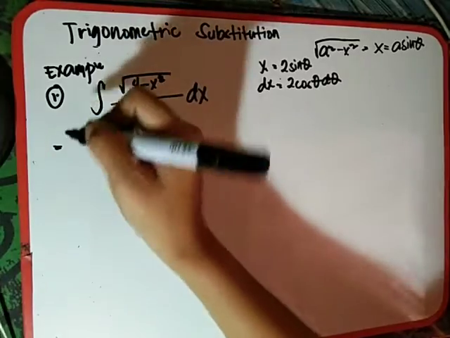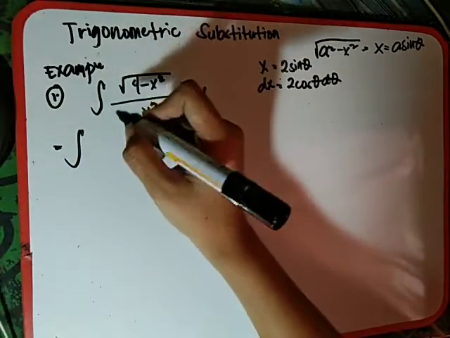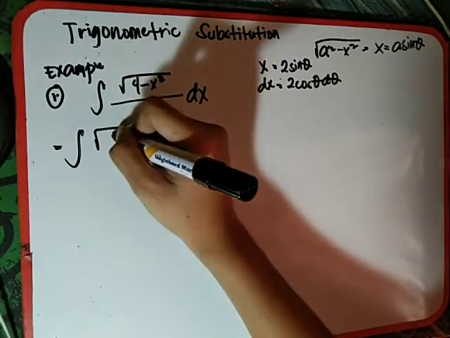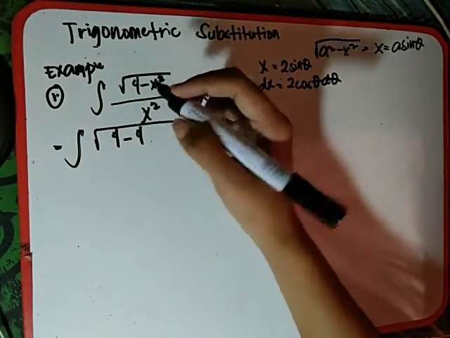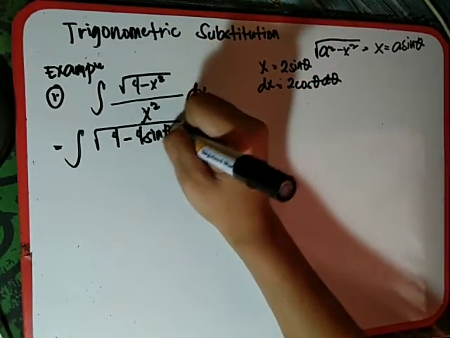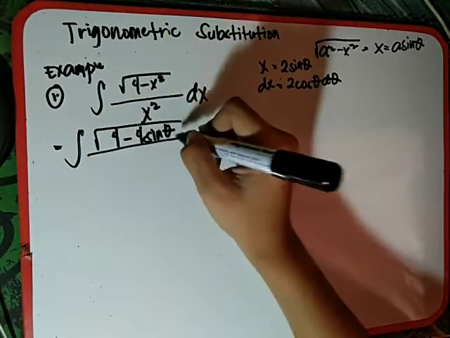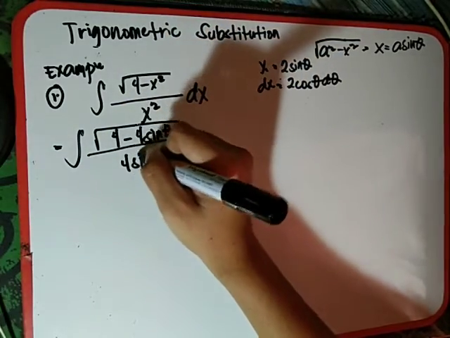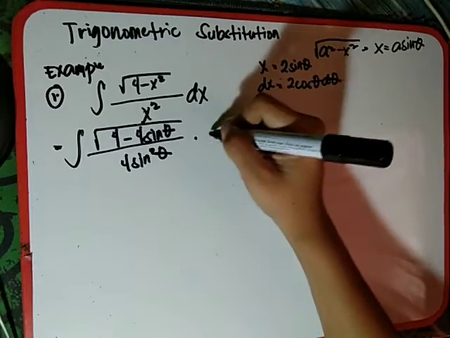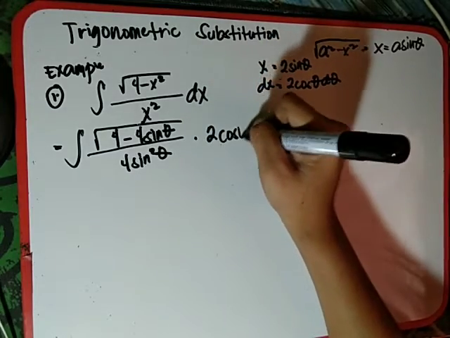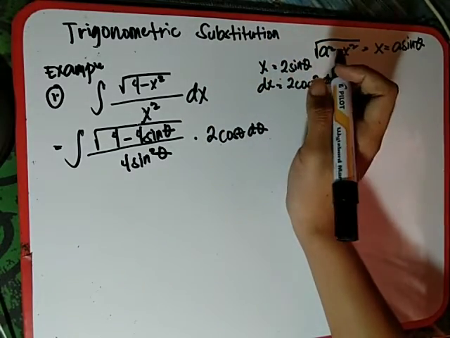So we have the integral of square root of 4 minus 4 sine squared theta over 4 sine squared theta multiplied by 2 cosine theta d theta.